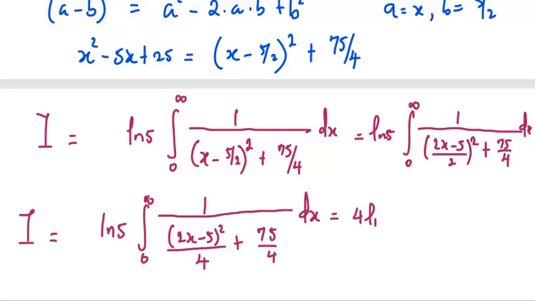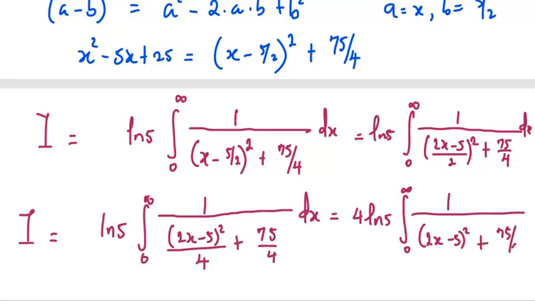So we have 4 ln of 5 multiplied by the integral from 0 to infinity. So we have 1 divided by, so this is 2x minus 5 whole squared plus 75 all over 4, and then dx. So now we can make, oh, that is 74 actually. Sorry for that, okay? So this is 75.